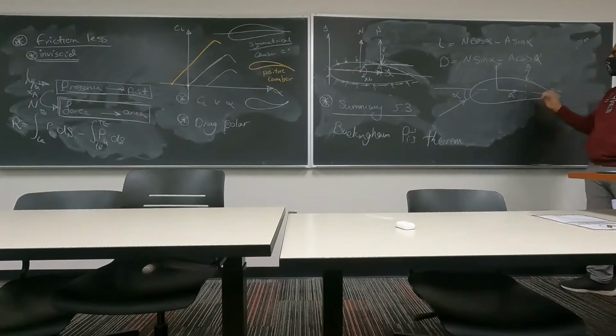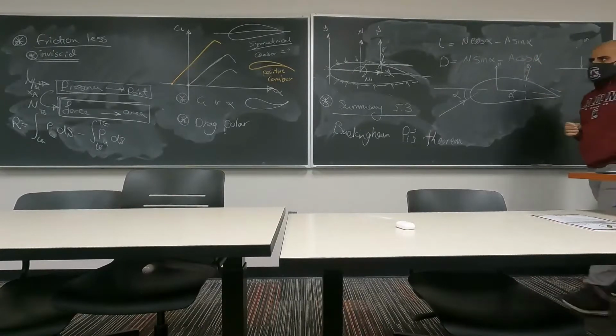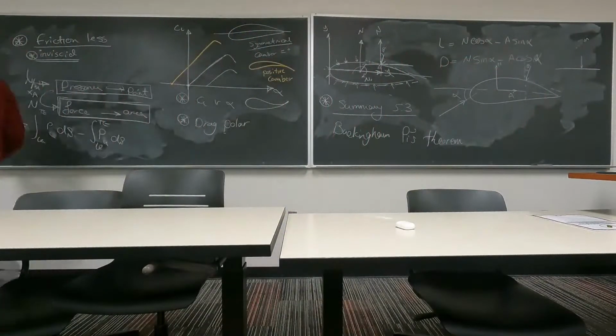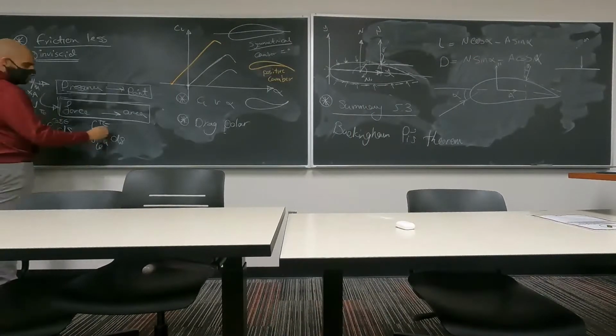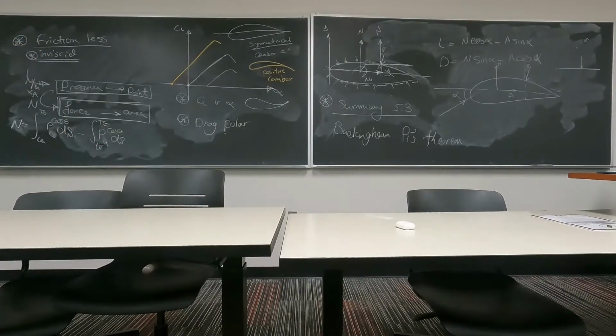For example, for a flat plate, what is theta here? 0, because these two are going to be in the same direction. So hopefully that is clear. Your N is going to be equal to PL cosine of theta, which is not the angle of attack again, and PU cosine of theta again.